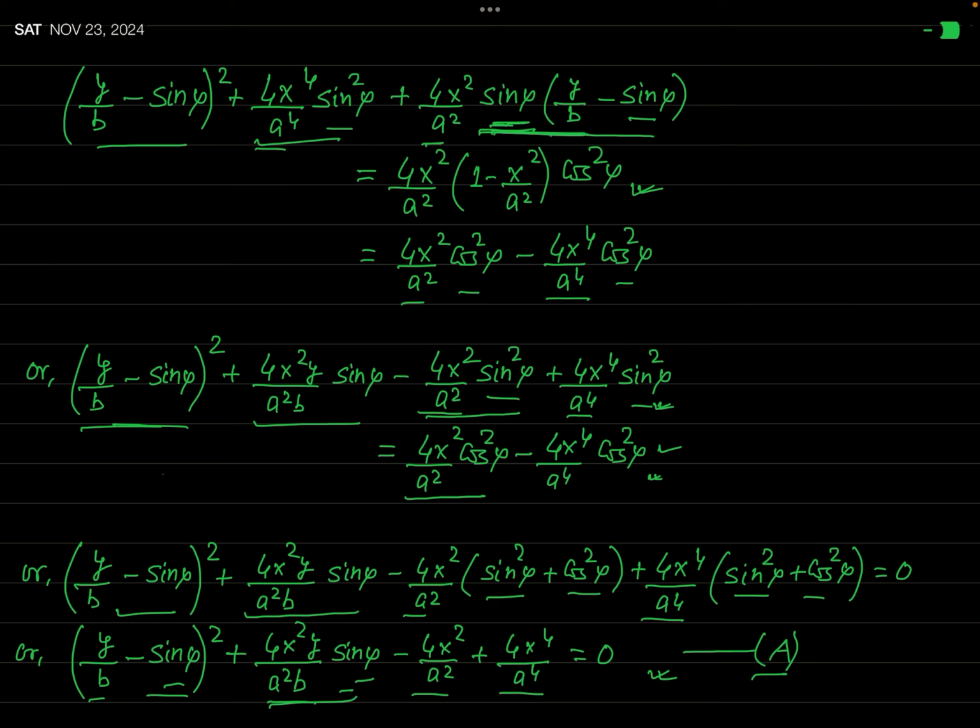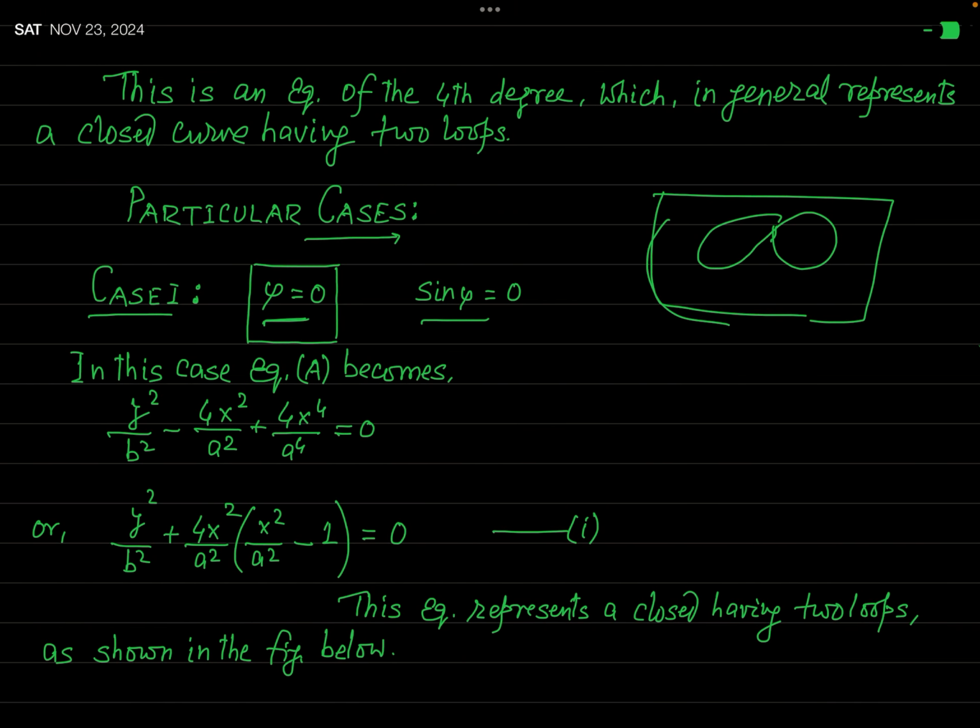This term will vanish because here sin phi is present and sin phi is 0. So the first term will be y square over b square and these last two terms will remain as they are. Okay, in this condition the equation of trajectory becomes y square over b square minus 4x square over a square plus 4x4 over a4 equal to 0.